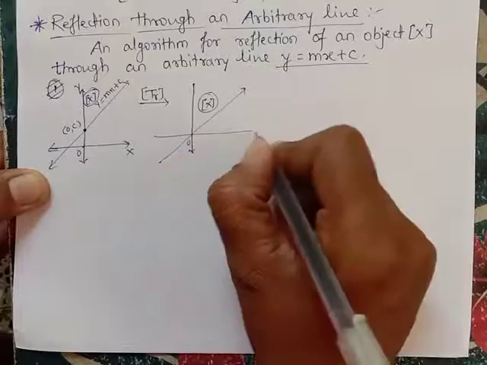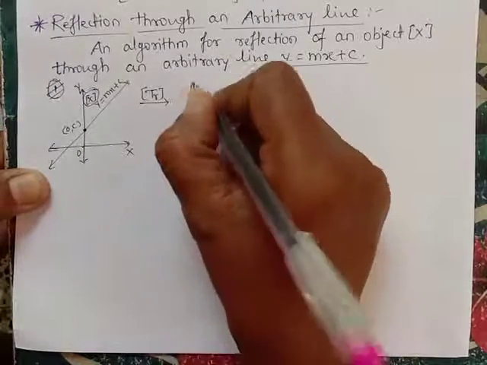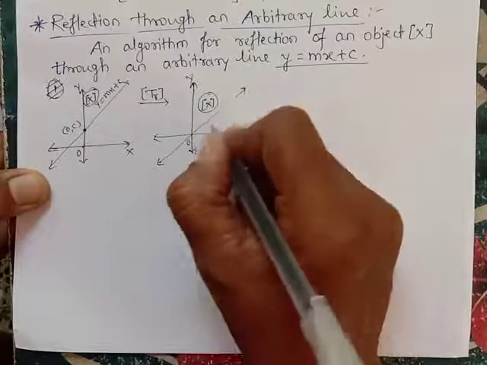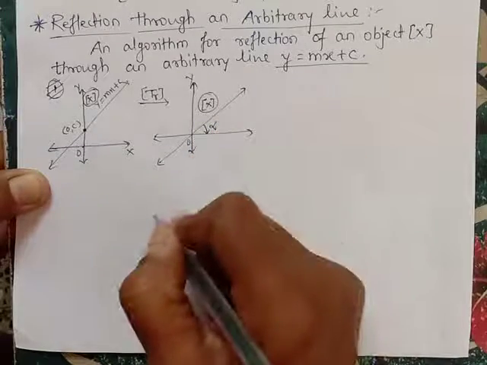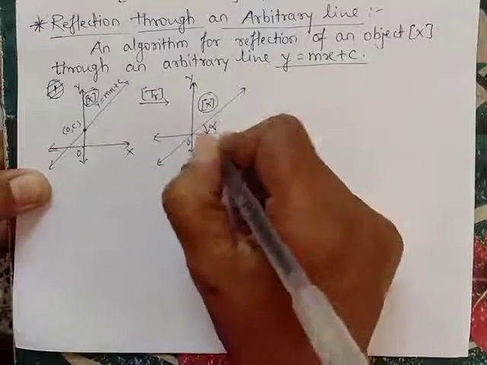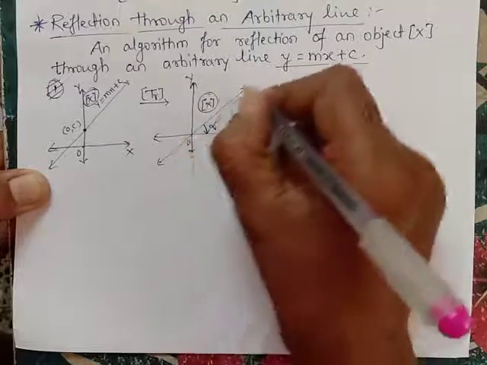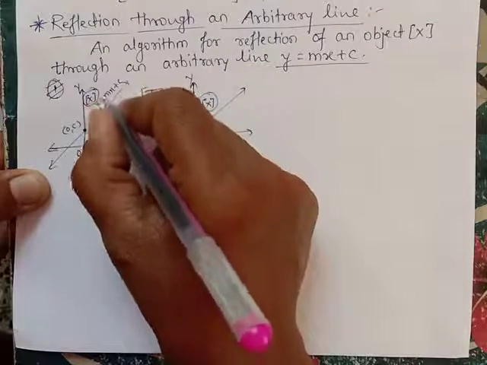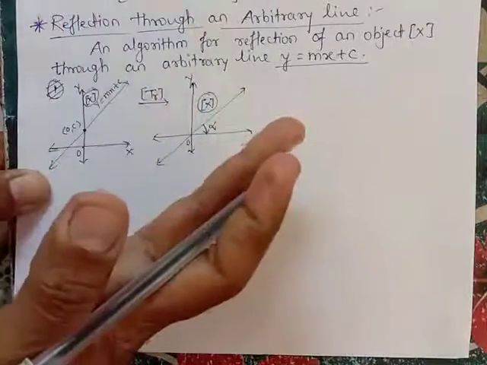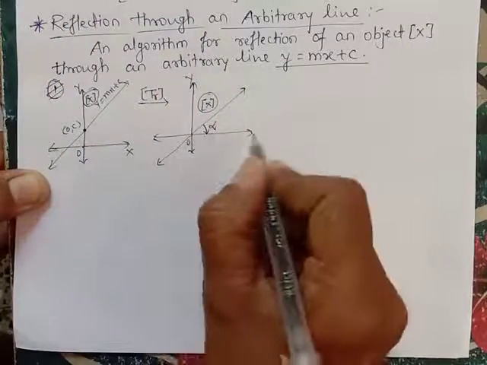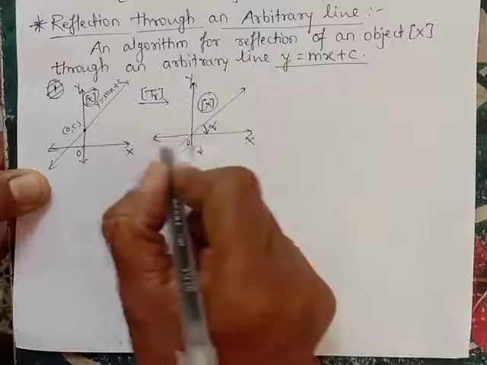Now further what we have to do, we will find this angle. It will be alpha. We will find this angle using slope of this line. That will be what? This m. Using slope we will find the angle and we will rotate this line so that it coincides with our x-axis.